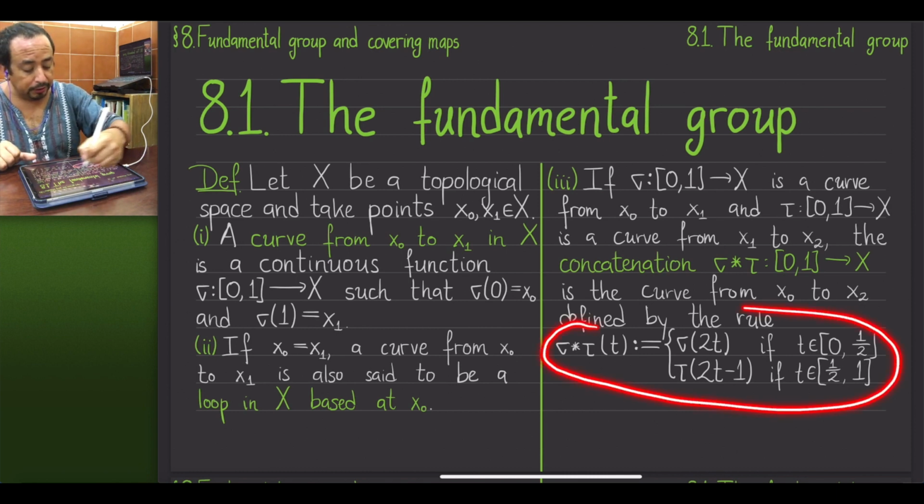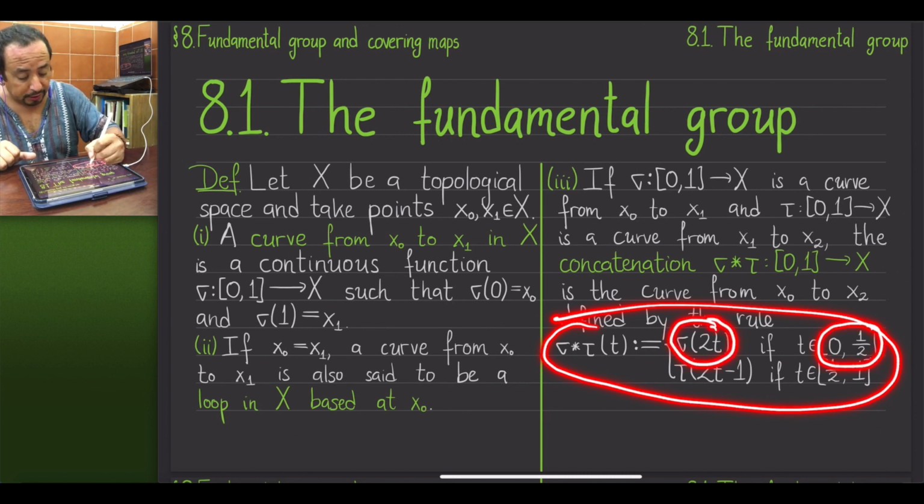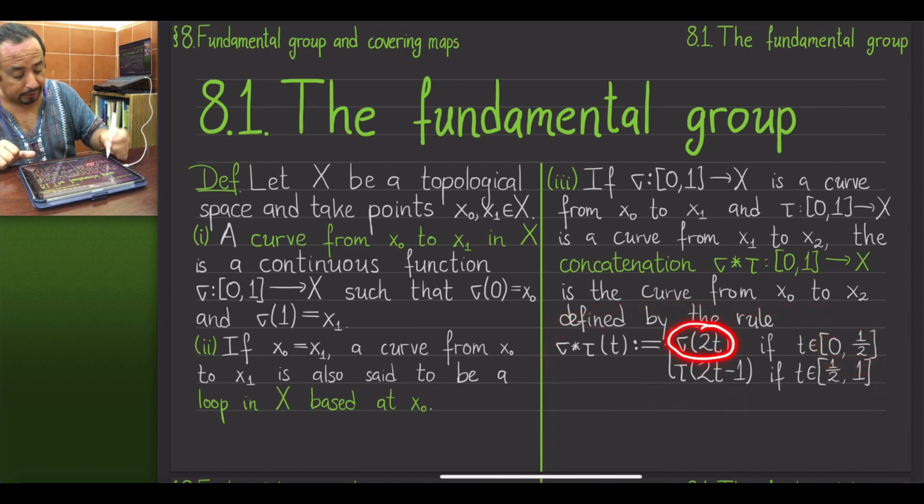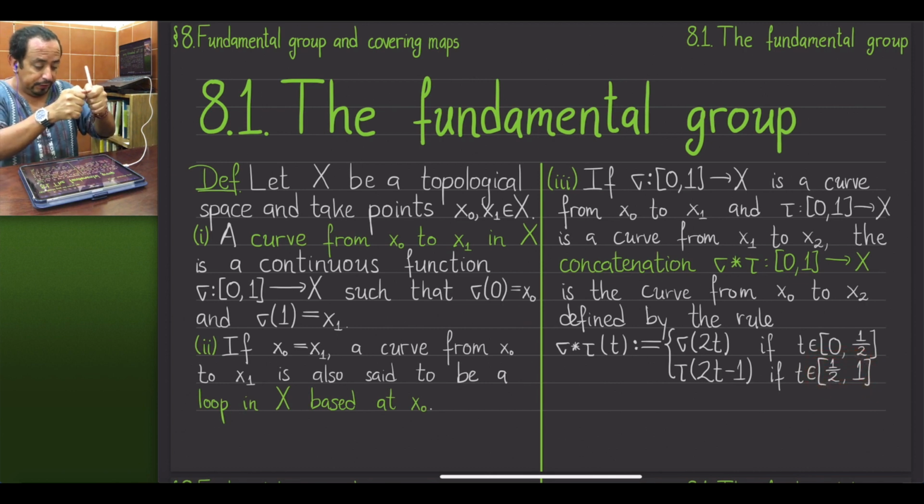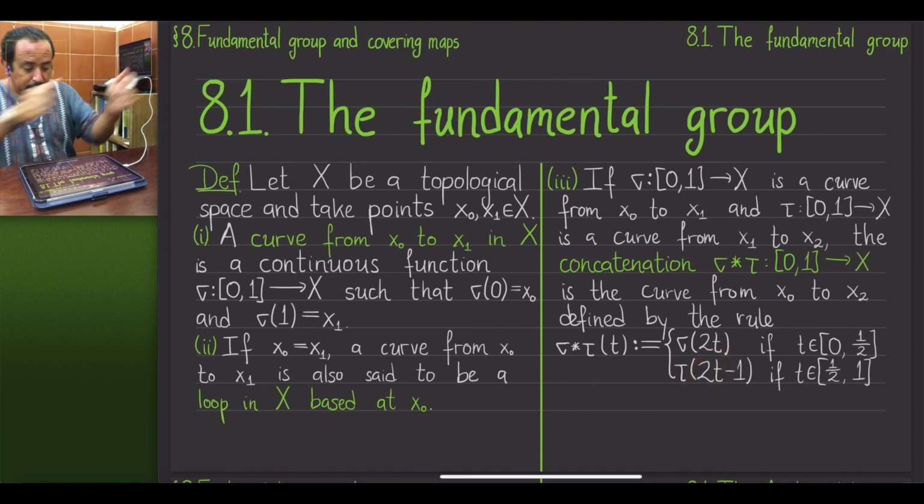And here's the rule: the first half is traversed according to sigma, and of course here I have to go twice as fast in order to traverse the whole sigma in just half the time. And same thing here with tau, and the minus one is just in order to rescale this interval to make it of length 1, and then translate it so that one can actually apply tau.